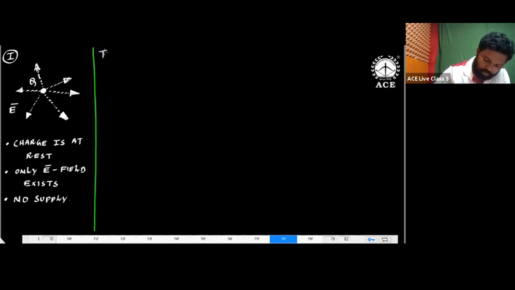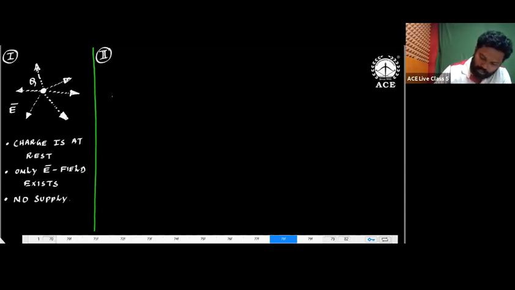Number 2. If I keep the charge under motion, how can you keep the charge under motion? By applying the external supply. So I'll keep the charge under motion. Where am I considering the charges? As far as our subject is concerned, we are considering the charges in the conductor or on the conductor, inside the conductor, on the surface of the conductor.